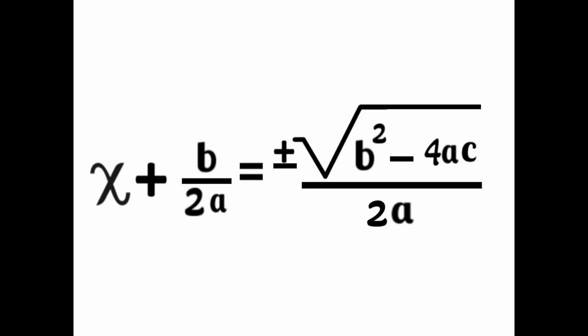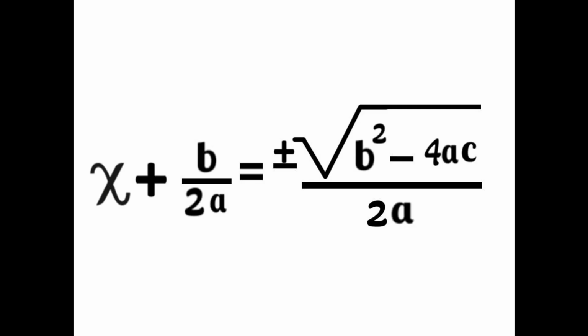Our equation is already showing its face, so we have to make x the subject of the formula. The only thing stopping it is b over 2a, which has a positive sign, so we subtract b over 2a from both sides.